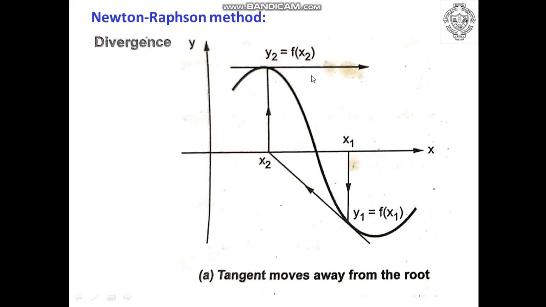To check whether the initial value is correct or not, you have to examine the slope of this tangent, which must be less than 1. Then and only then will you be able to converge towards your root. That is why the condition of checking the initial guess is given. This is the first divergence. If it is asked in the exam to explain the divergence of the Newton-Raphson method, you can explain this particular case, where the tangent moves away from the root, as divergence of the method.